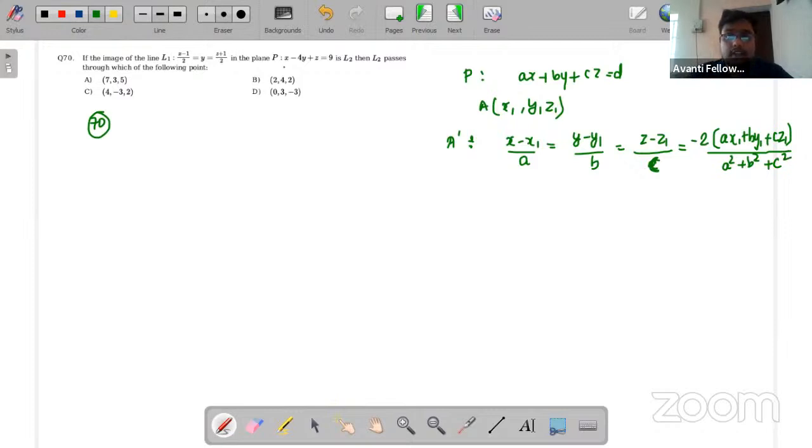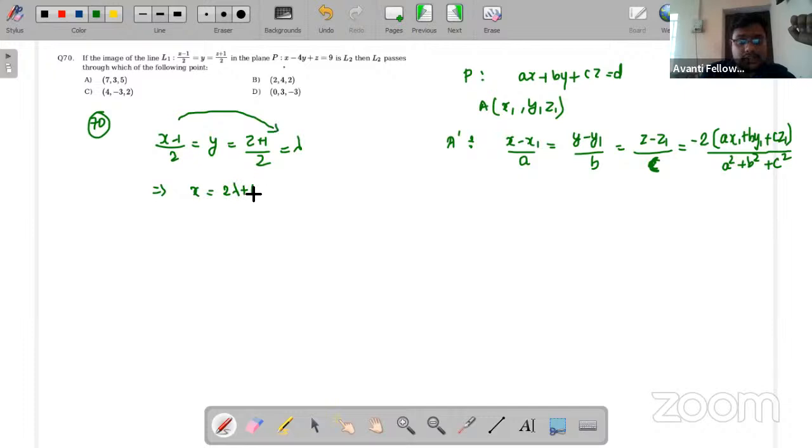Now the thing is, the point is not given. So from this line we have to take any random point. For a random point, we put the line equal to lambda, so (z + 1)/2 equals lambda. From here we can find the general point. If I equate these two, we get x = 2 lambda + 1.